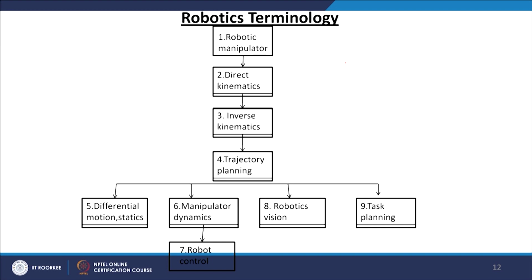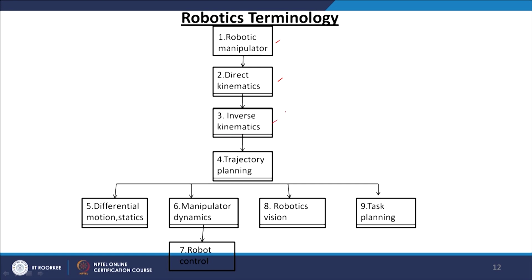So, here the terminology is like this. We have seen roughly about a robot manipulator. Direct kinematics means how to write the position of the end effector with respect to the position of the base of a robot manipulator, that is, the equation to be developed using the DH algorithm.